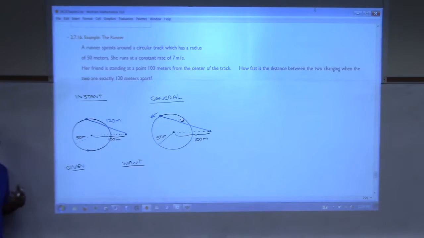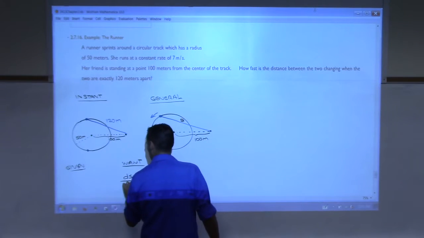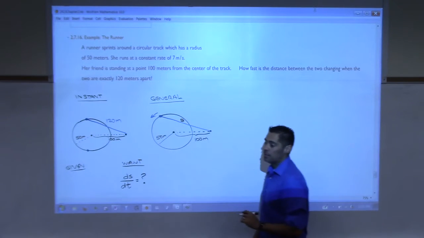Speed is a derivative. Yeah? I agree. What about dS/dt? That's what we want. You all agree with that? I want to know how fast S is changing with time. So dS/dt is what I want. When do I want that?